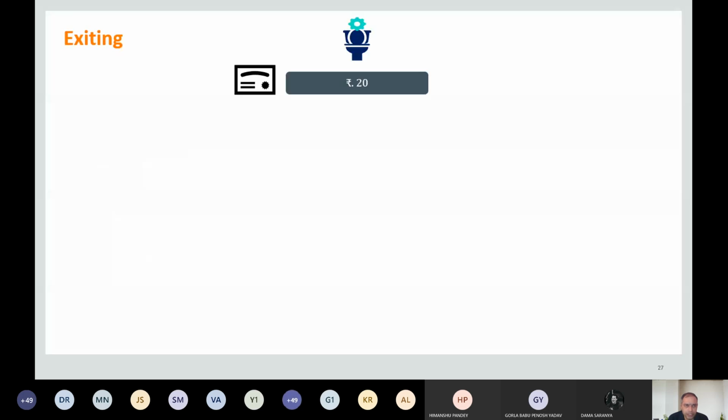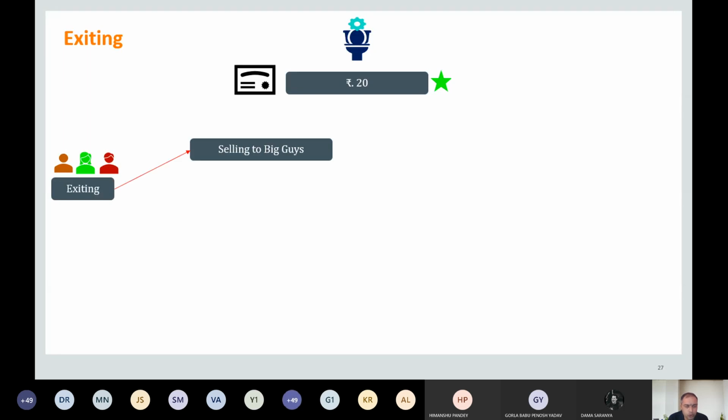Initially your company share value is 20 rupees, and it's a profit. Your partner, your seed money investor, your angel investor and your venture capitalist want to exit now. So how will they exit? There are two ways of exiting. One is to sell to the big guys like Google, Apple, Amazon or Meta.